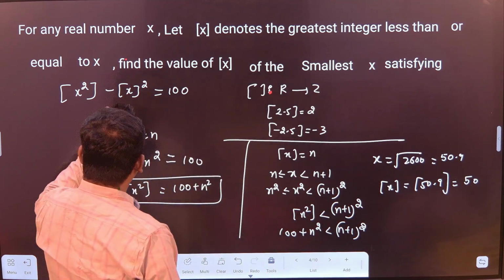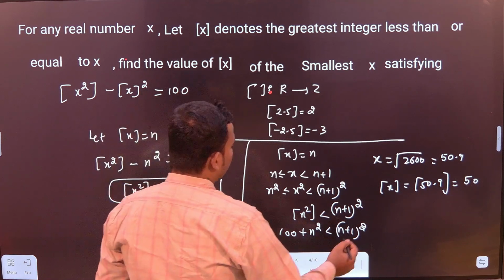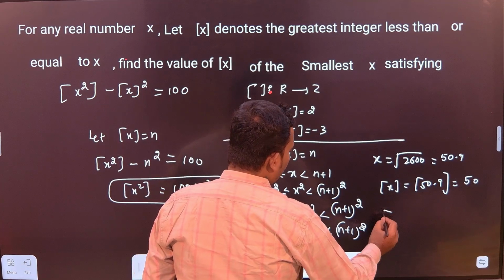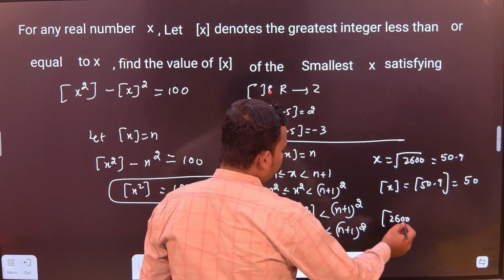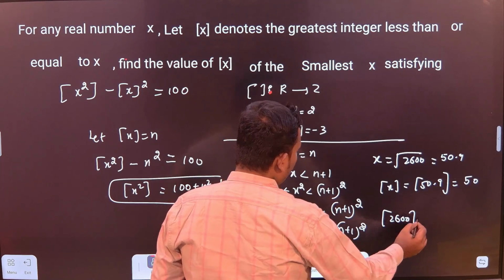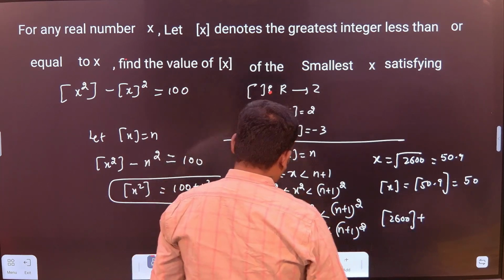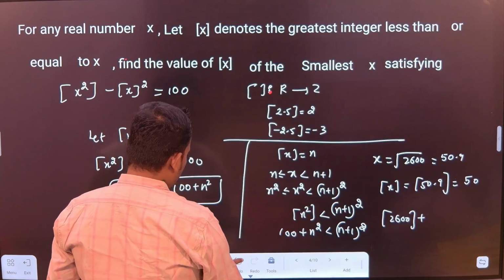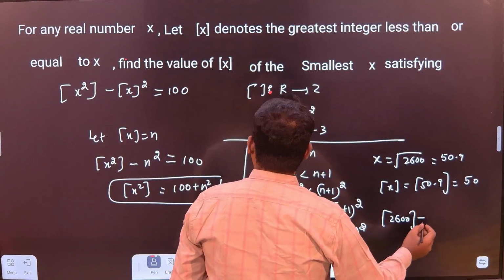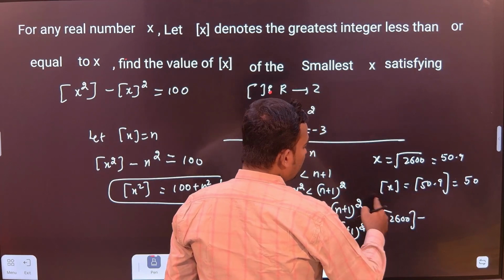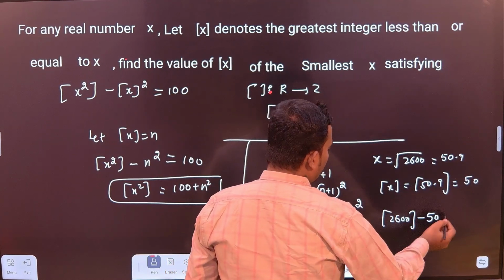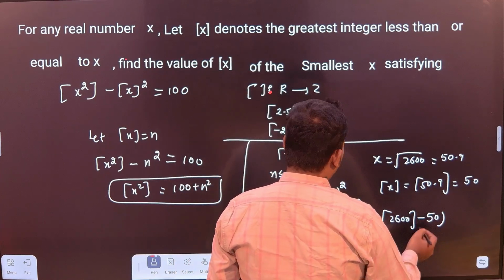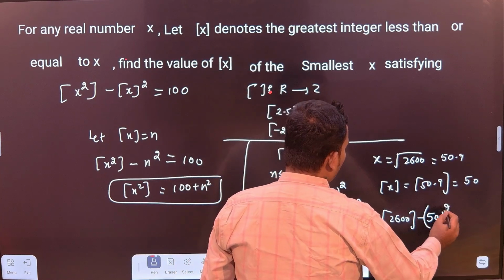Now you have to verify this. The greatest integer function of x square, x square we already know is 2600. So 2600 minus the greatest integer function of x, which is 50, clear, whole square, right?